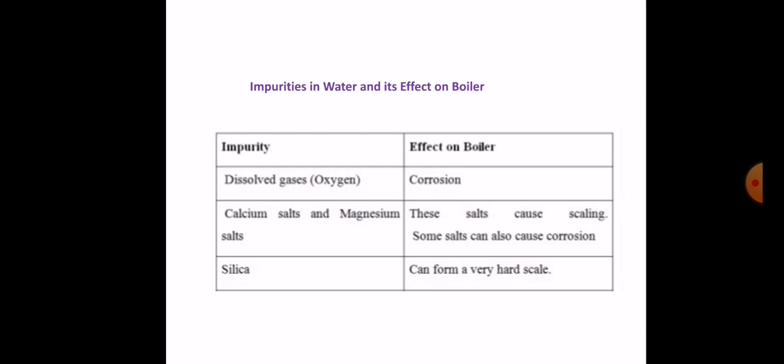These salts cause scaling, and some salts can also cause corrosion. Third, silica, which can form a very hard scale. These are the impurities found in the water, and these are the effects they have on the boiler.